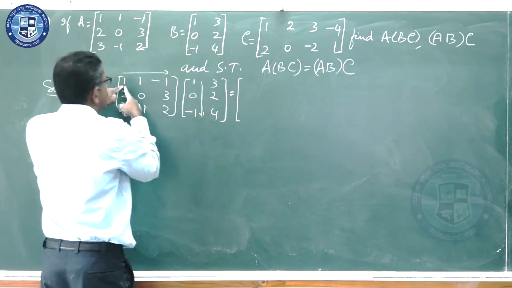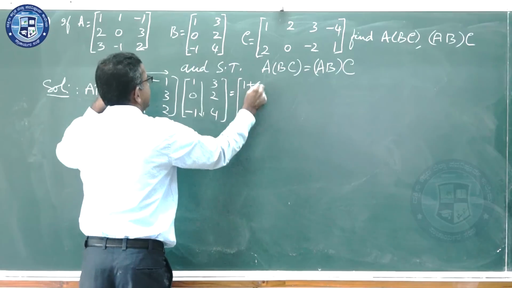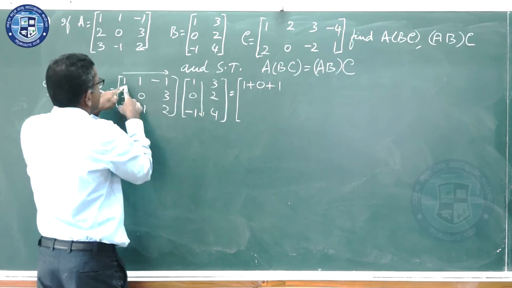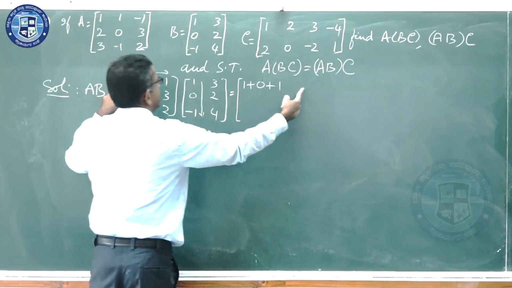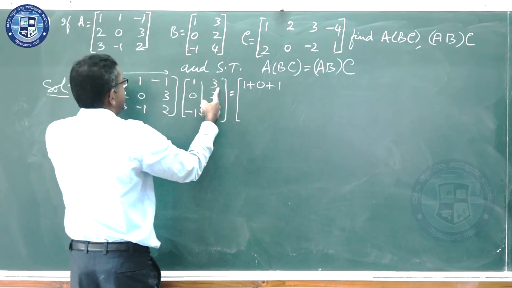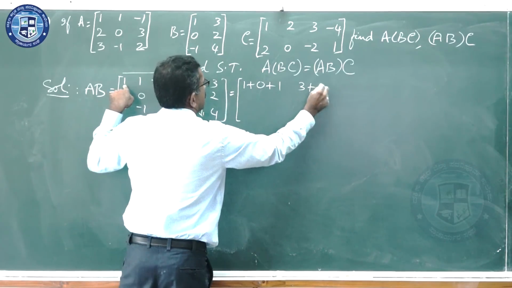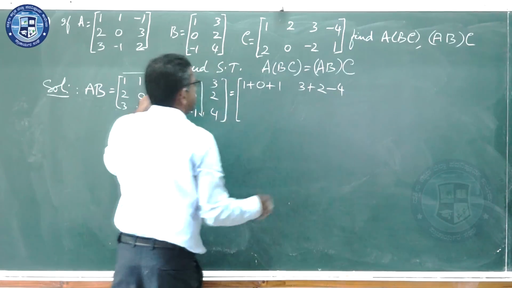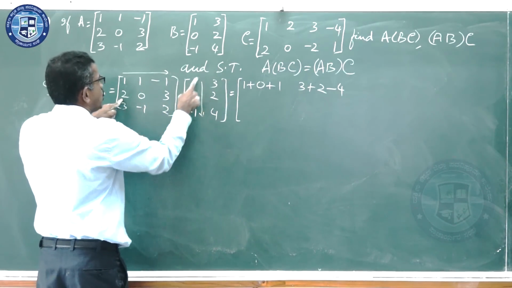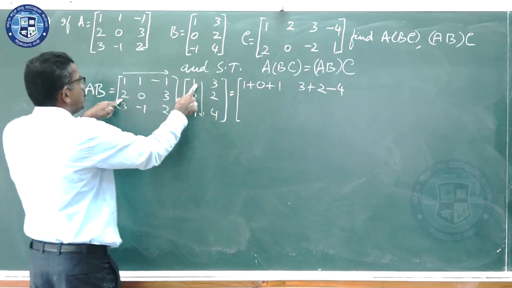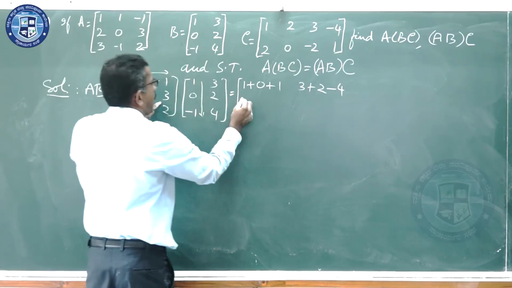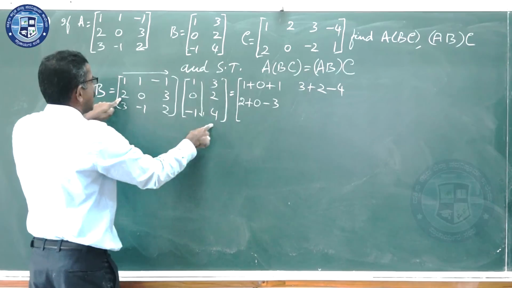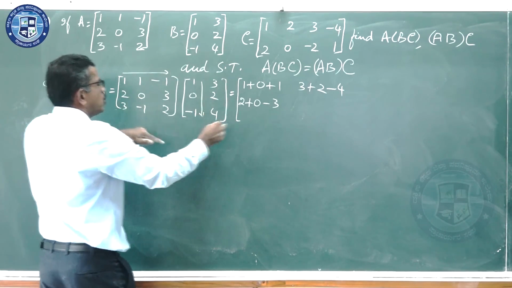Element wise: first is 1 plus 0 plus 1. Then first row with the second column: 3 plus 2 minus 4. Second row with the first column: 2 plus 0 minus 3. Second row with the second column: 6 plus 0 plus 12.